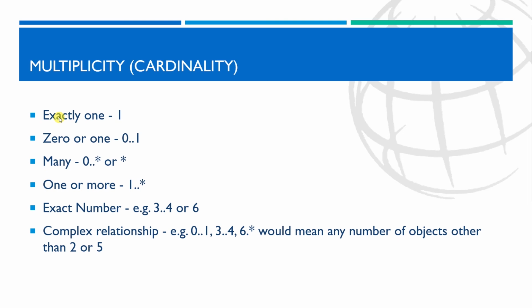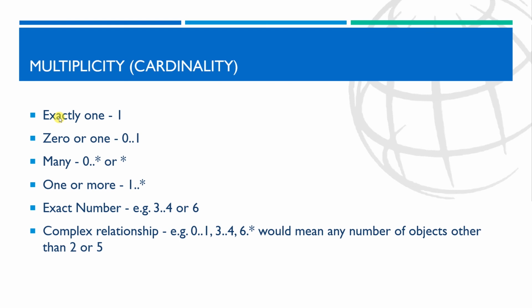For a complex relationship, for example, we can use 0..1, a comma, and then 3..4, 6..*.